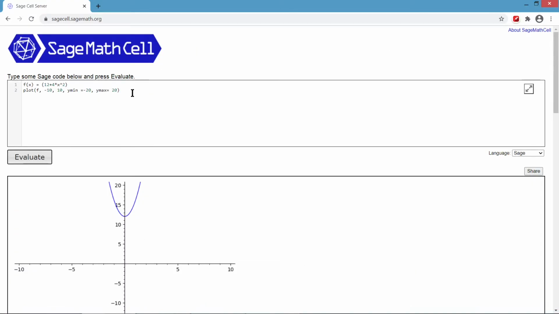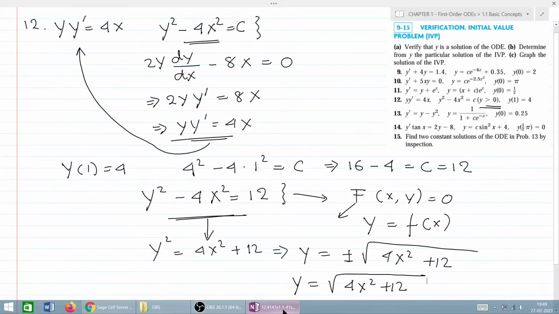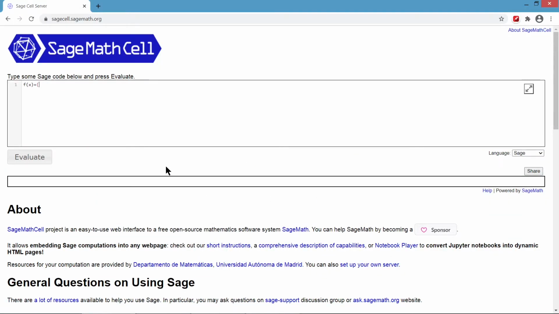We will go to Sage Math and we will write f of x equal to (4 multiplied by x to the power 2 plus 12) to the power 0.5, and we'll plot the equation graph.